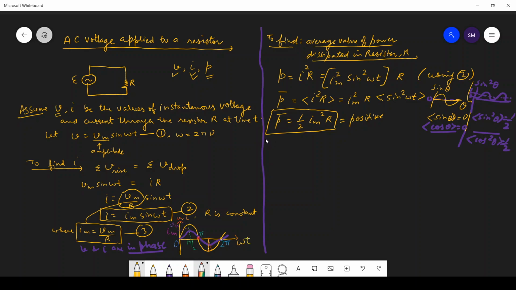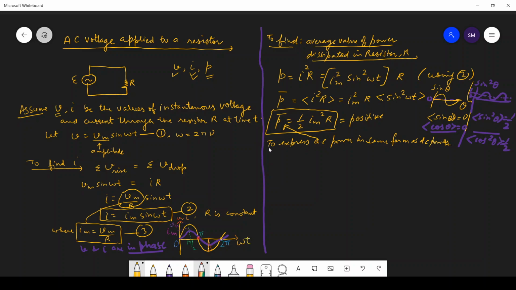We need to have the same formula for AC also. So we need to express this AC power in the same form as DC power.